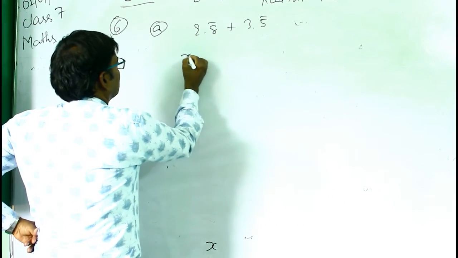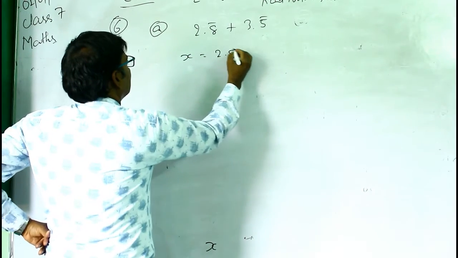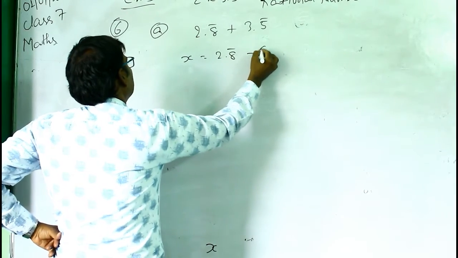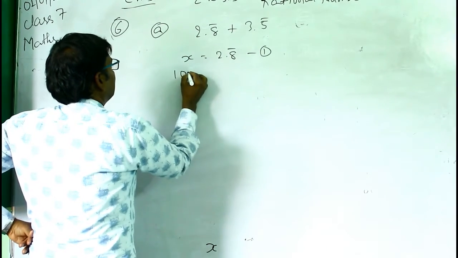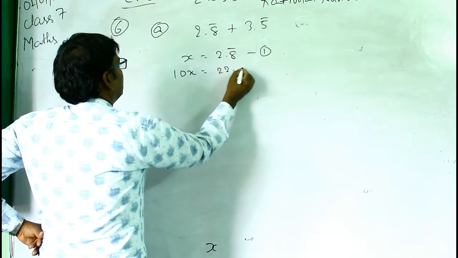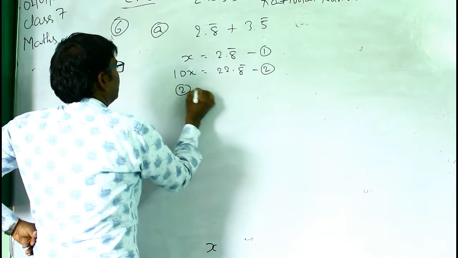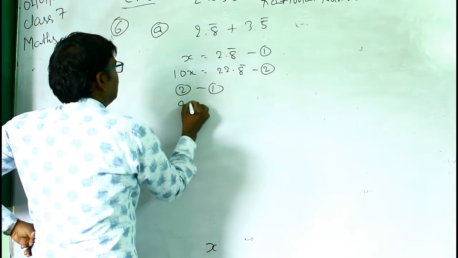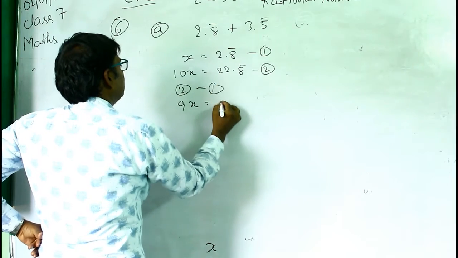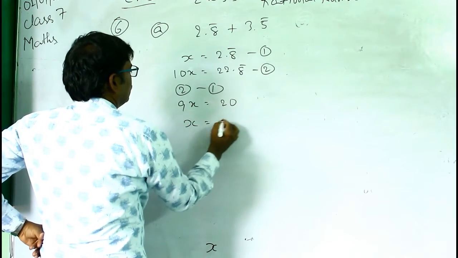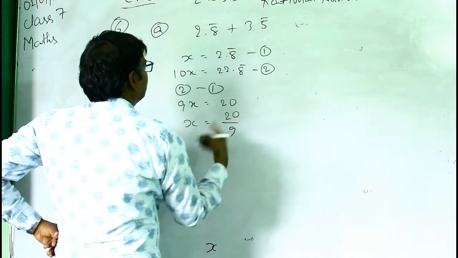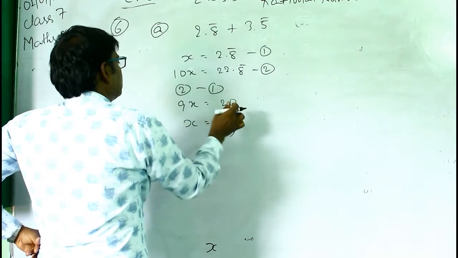So here 2.8 bar. Suppose x equals 2.8 bar, this is number 1. Then write 10x equal to 22.8 bar. This is number 2. Then subtract 2 minus 1. It will be 9x equal to 22 minus 2, which is 20. So x equals 20 by 9.